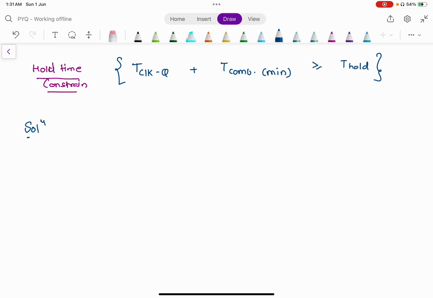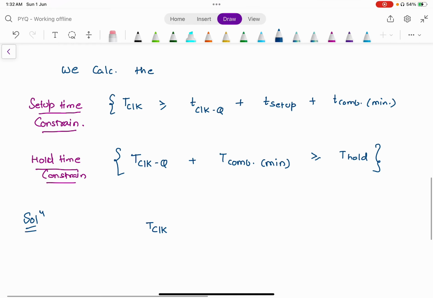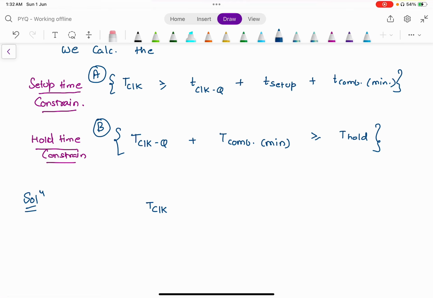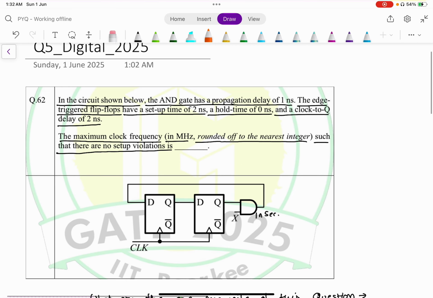Starting with path 1, on putting the values in the equation, let's say this is A and this is B. The values given in the question are: T clock to Q time is 2 nanosecond, hold time is 0 nanosecond, and setup time is 2 nanosecond.